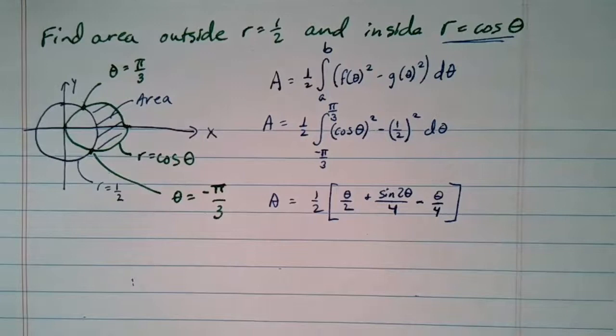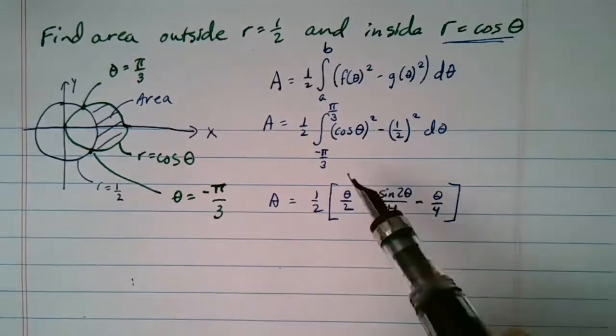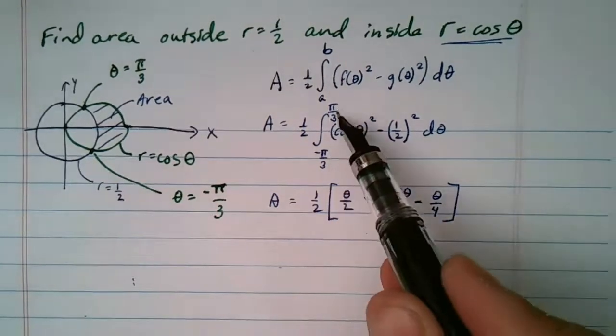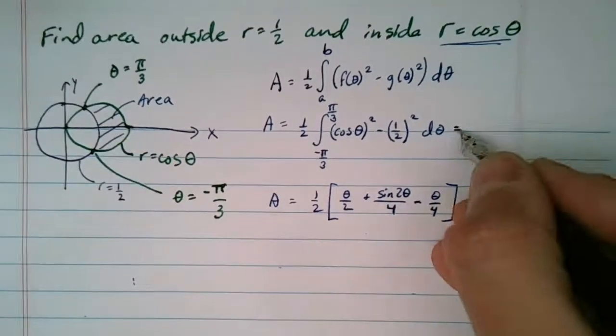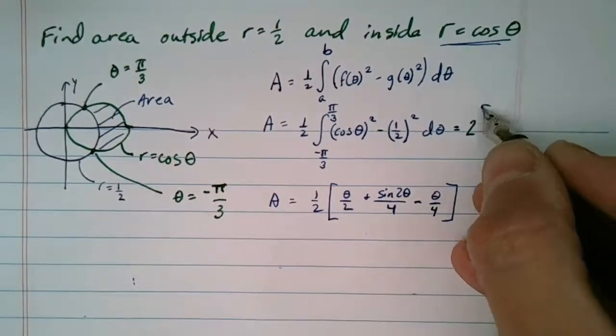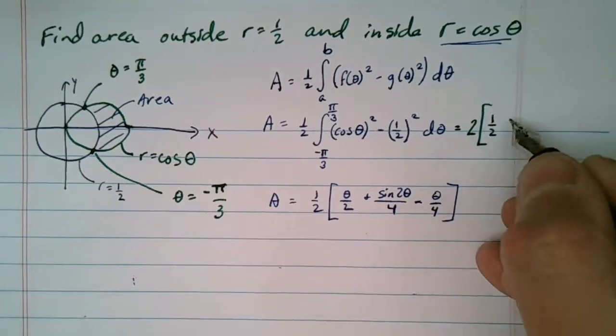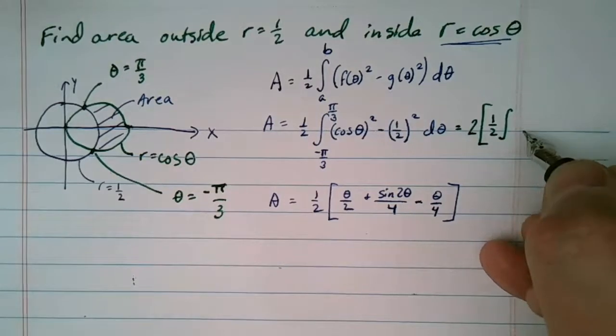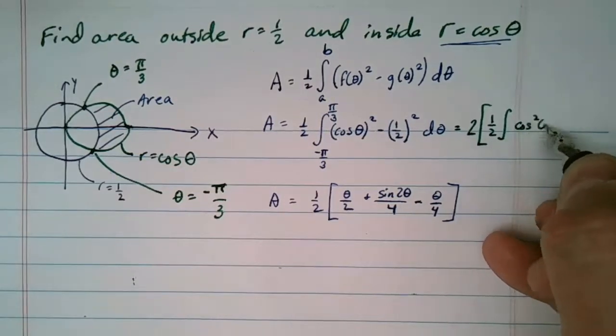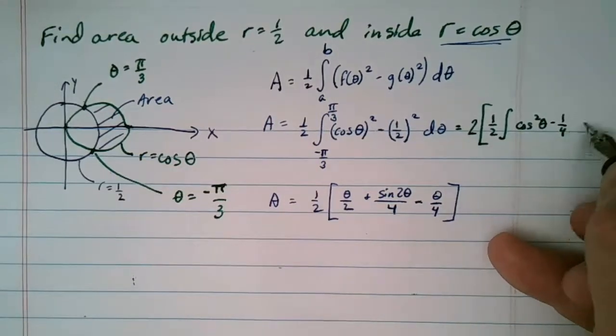Now I'm going to cheat. Instead of integrating from negative pi by 3 to pi by 3, because there's a symmetry here, I'm going to say that this is equal to 2 times 1/2 integral of cosine squared theta minus 1/4 d theta.